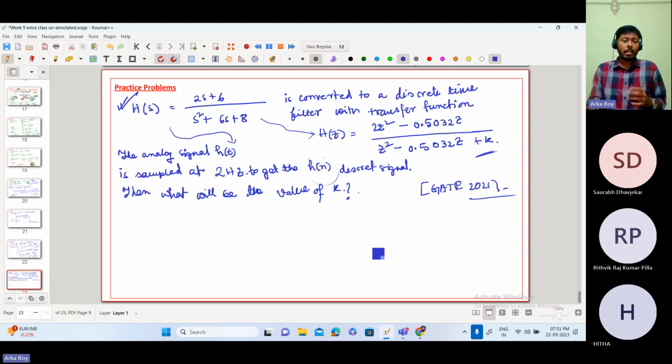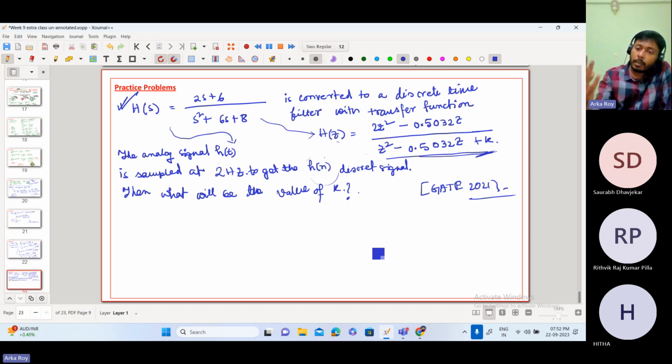What will be the k such that the sampling frequency at 2 hertz will correspond to the h of n and it will correspond to the h of s. So in the Z domain, we need to find the k. That means this k is coming over here in the denominator part.